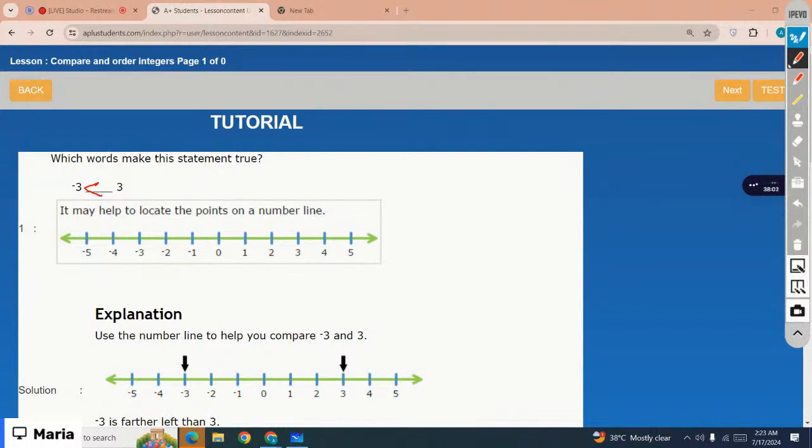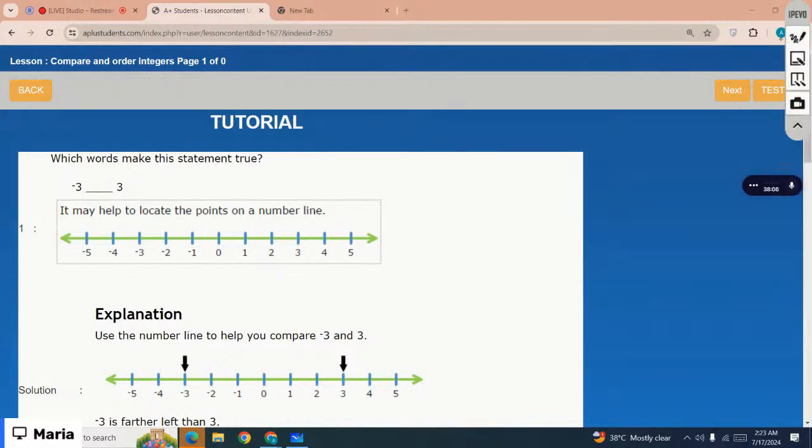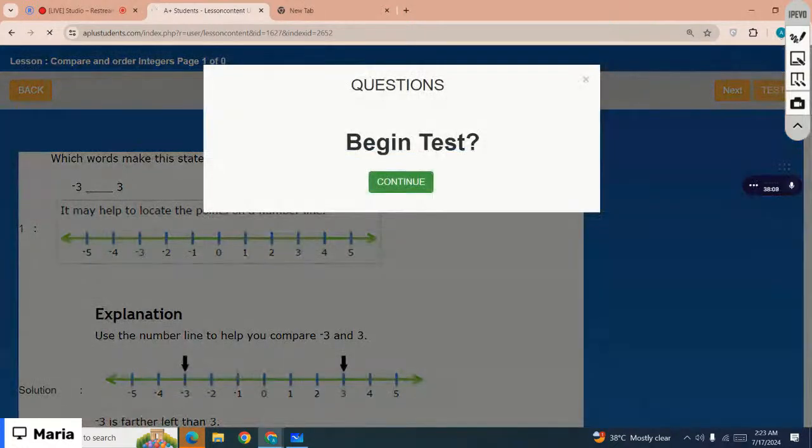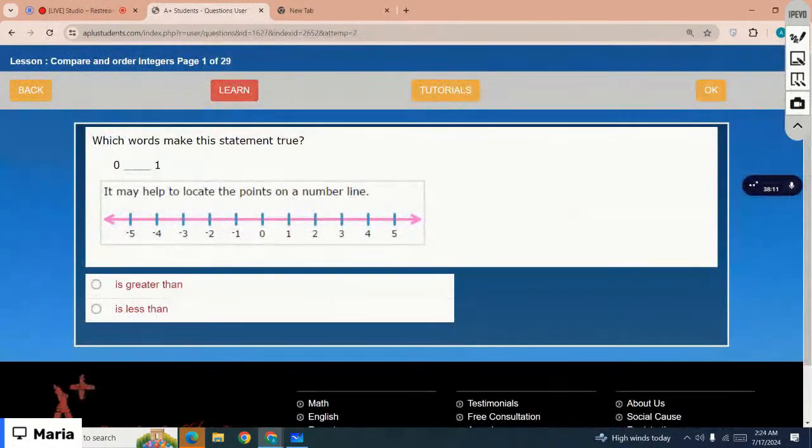Let's just start with the practice questions. Which words make the statement true? We have to compare 0 and 1. So basically you can see on the number line, here is 0 and here is 1.